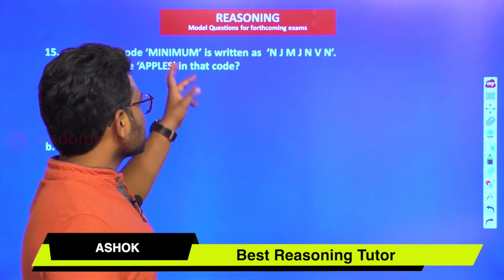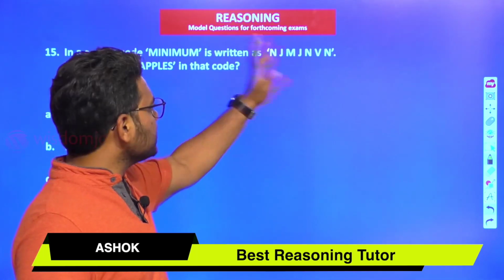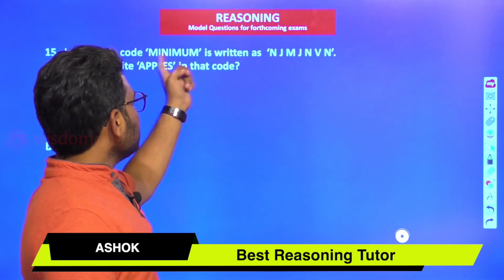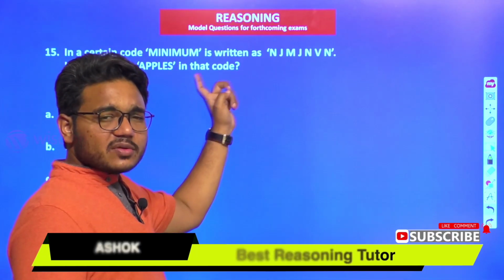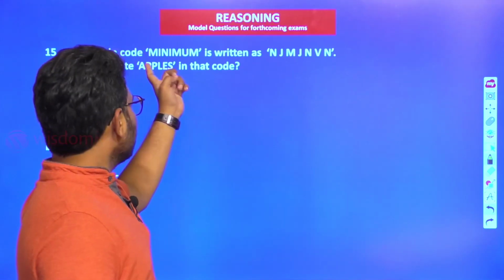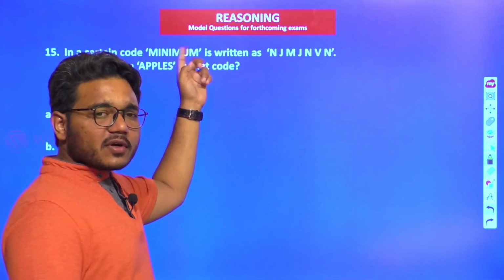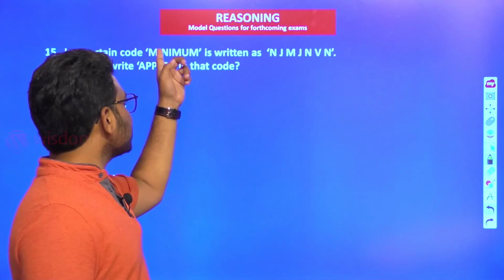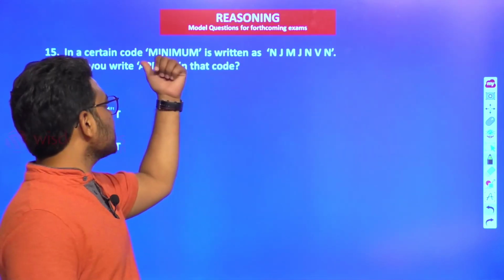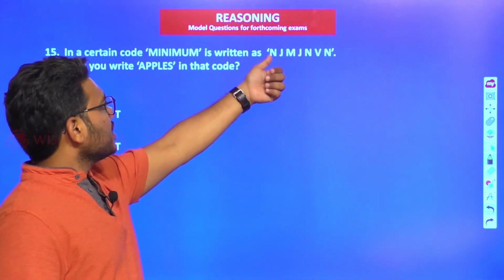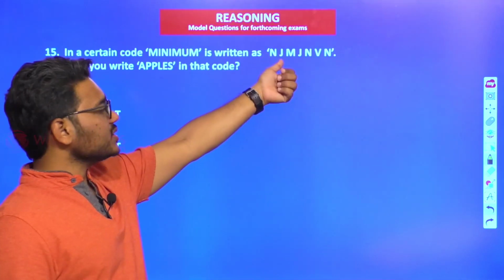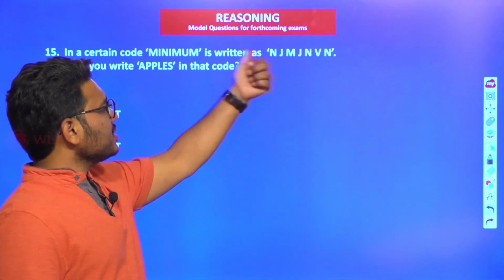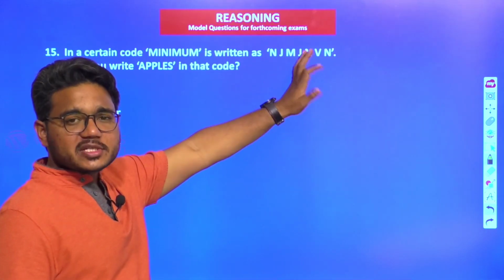So let's find out the relation initially between these two. M is N, I is J. Seeing only two letters, we could observe that the letter after M, that is N, is coming here. After I you get J. Then here the pattern is missing.